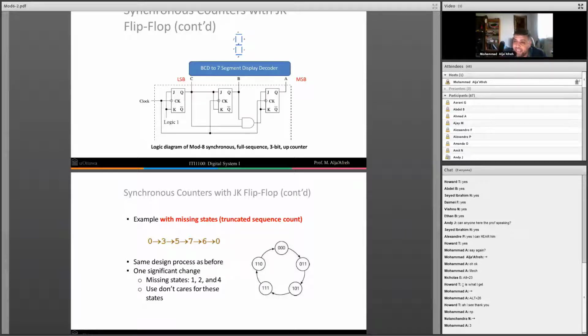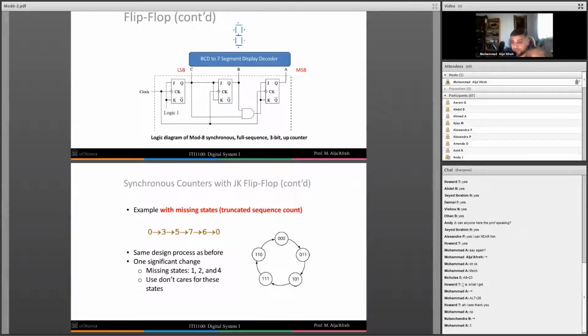It's the same procedure as the synchronous fully sequenced one, except that in the first 2 parts of your table, instead of going one at a time, we go based on whatever the state diagram is showing, and some inputs we put at don't care. So we don't care about them.